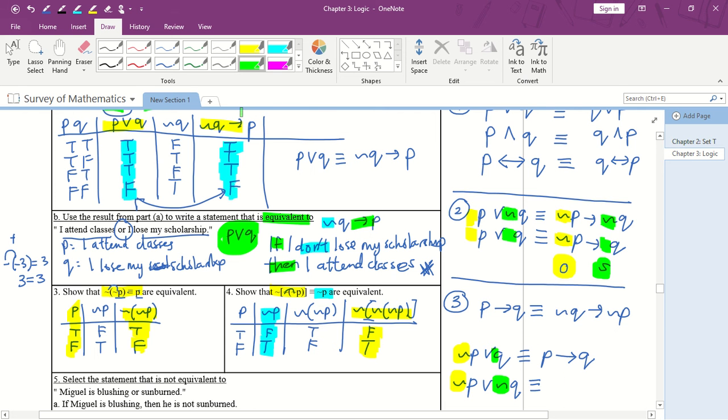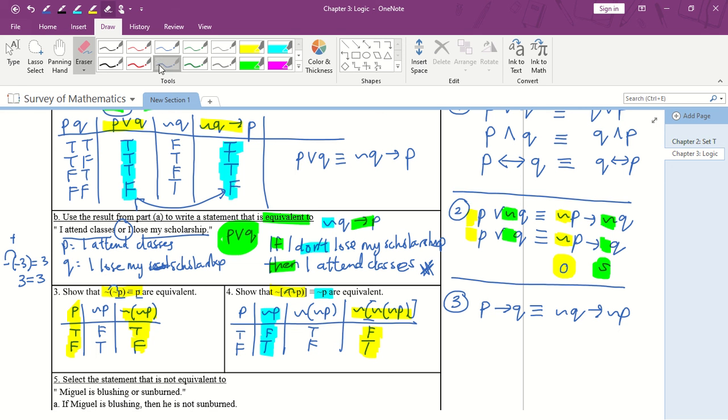So if I want to write a conditional statement, just draw a line for sure. Opposite will be P. Same will be negation Q. And that is the equivalent statement. Okay? So remember, if you're able to get the concept of these three things, then it will be easy for you to tackle the questions.